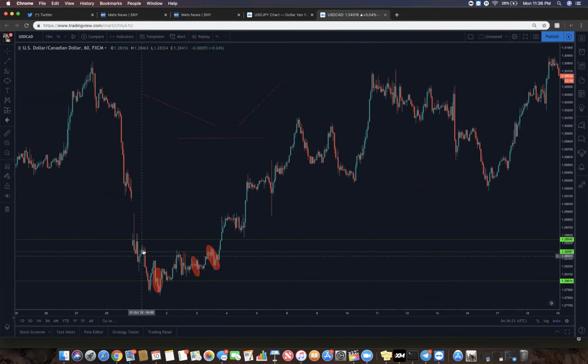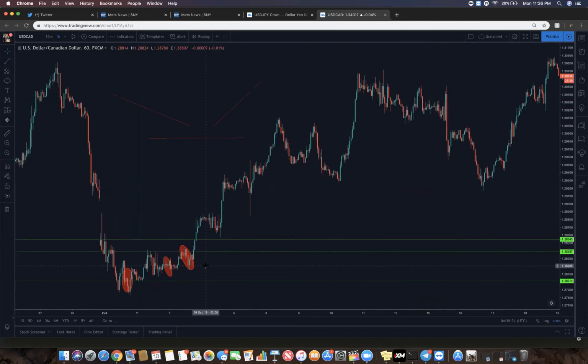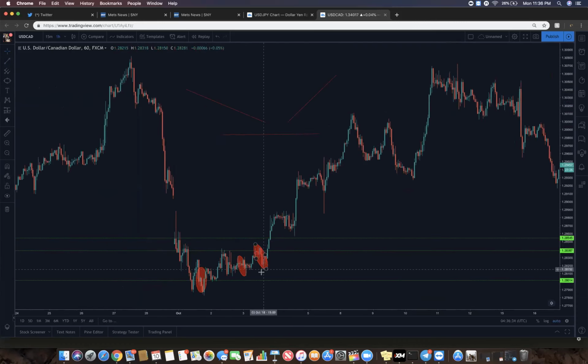So we have the market come once, twice. On the third time, the market, what did it do? It came back to retest the breakout amongst this little group of candles that we have here. And the market formed another pattern that we'll discuss here and shot up. And what did the market do? Came back, retested, and continued going, right?